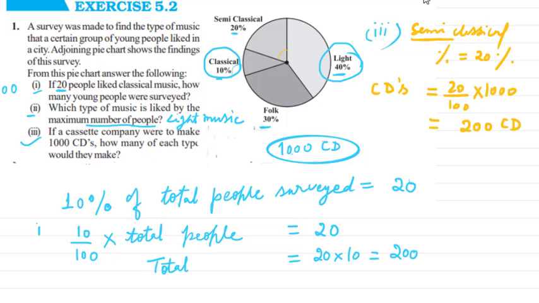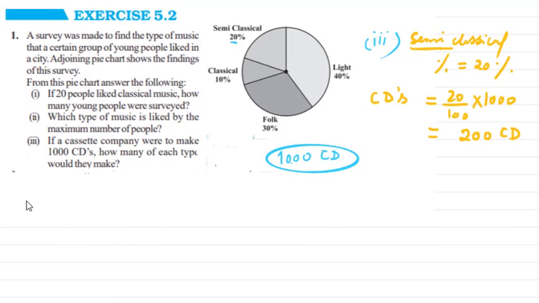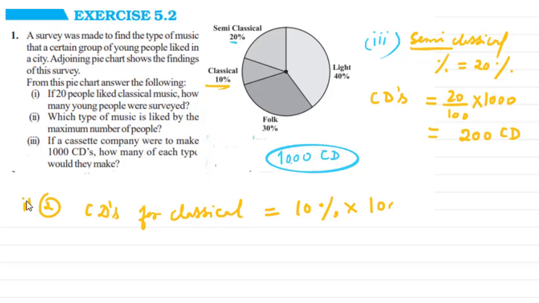Next we have classical. CDs for classical will be the percentage for classical into the number of CDs, that is 1000. So 10% of 1000 will give you 100. So 100 CDs will be there.